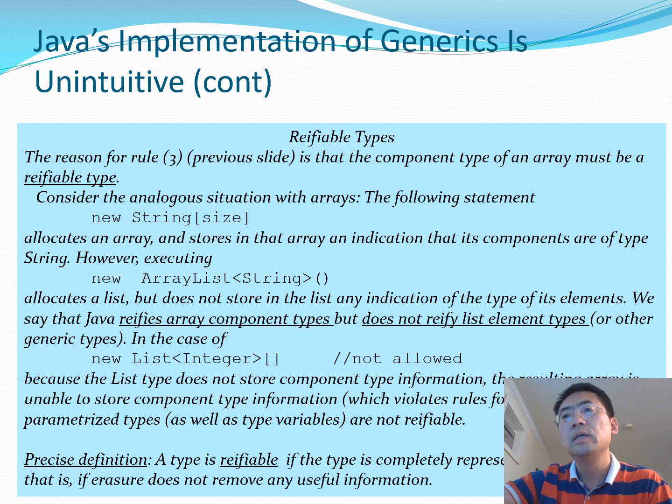That means Java generic or parameterized types are not reifiable types. Therefore, you cannot create an array of non-reifiable types, which is the rule for Java arrays.